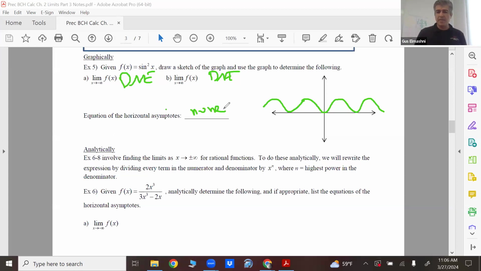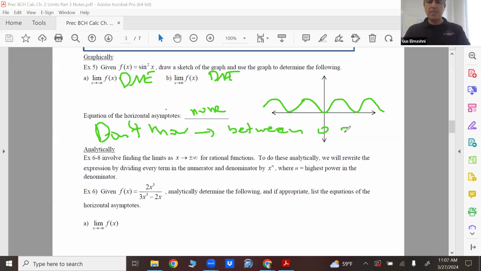I have no idea because it goes back and forth between 0 and 1. So you just don't know. Okay, let's keep moving.